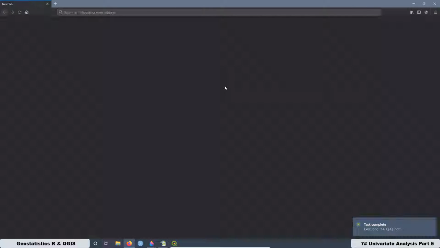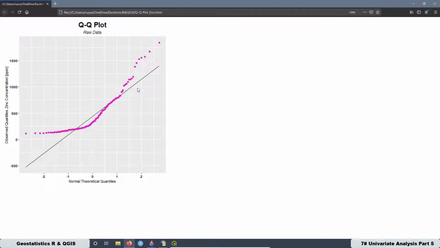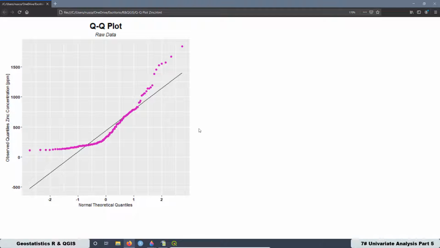Now let's see how we can make an interpretation of this graph. First, let's make this screen bigger, I mean the graph. And as I said, at the x-axis we have the normal theoretical quantiles. At the y-axis we have the observed quantiles for the zinc concentration in ppm.